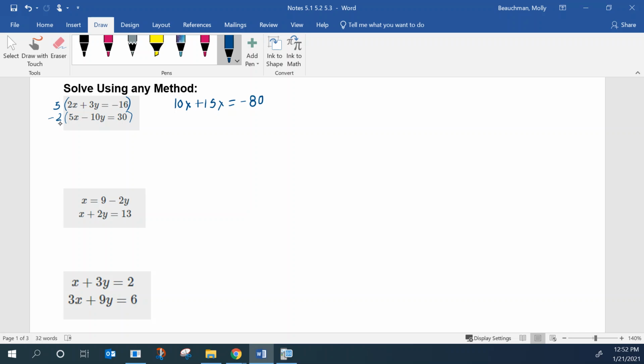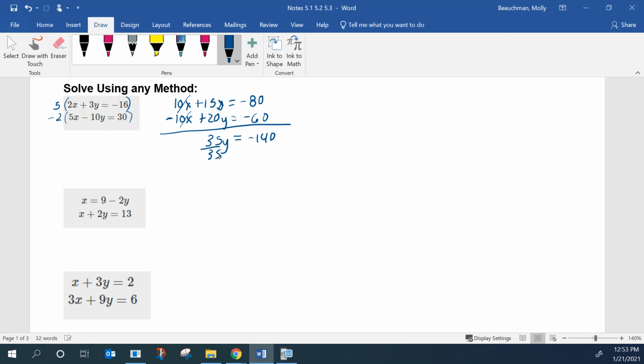The bottom equation I'm going to multiply by negative 2. Negative 2 times 5 is negative 10x. Negative times negative is a positive 20y. Negative 2 times 30 is negative 60. Now when we add the two equations together, the x's will cancel. 15 plus 20 is 35y. Negative 80 plus negative 60 is negative 140.